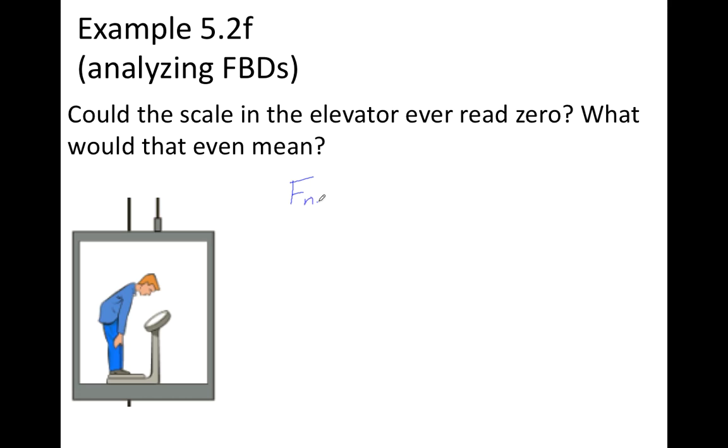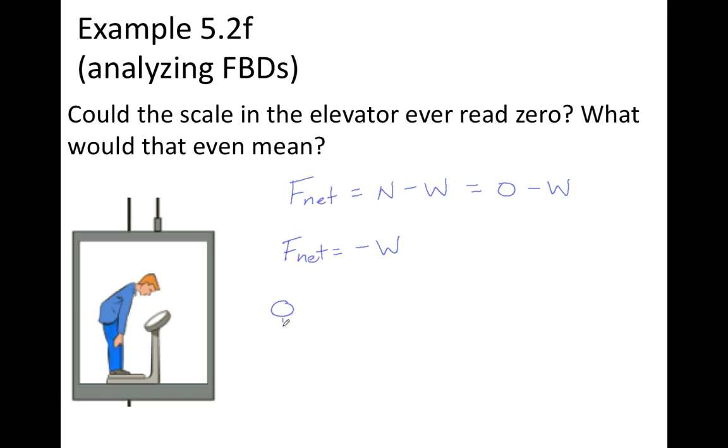The net force, which we know is the normal force minus the weight. And if we want the normal force to be zero, if we stick a zero in for normal force, we just get minus W. The net force is just negative W. Well, what would the free body diagram look like for this situation?